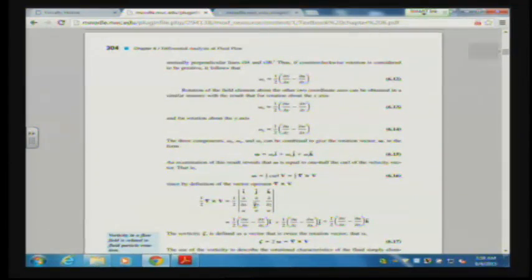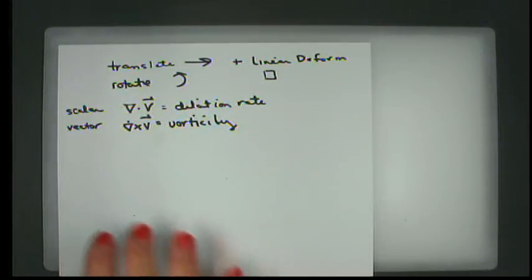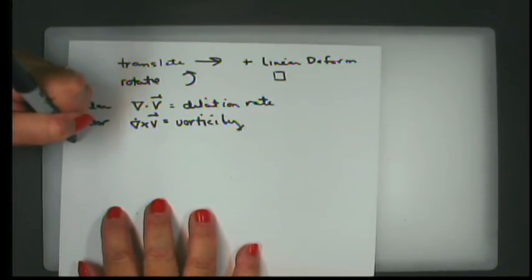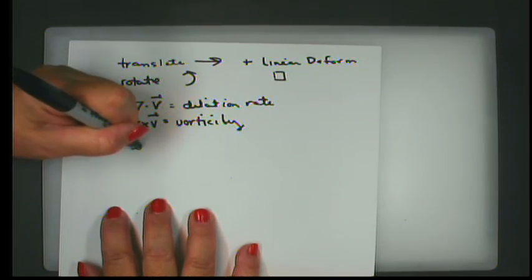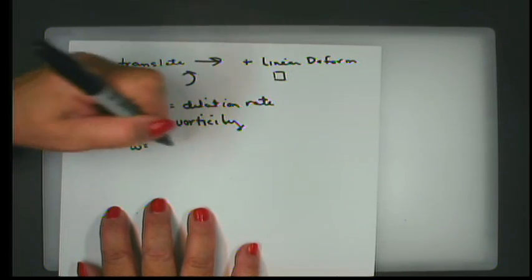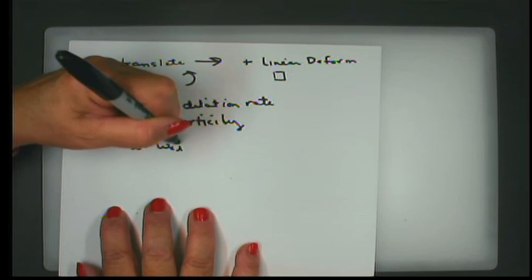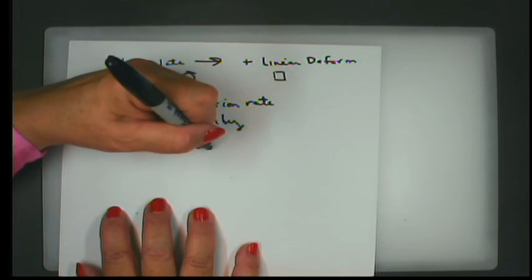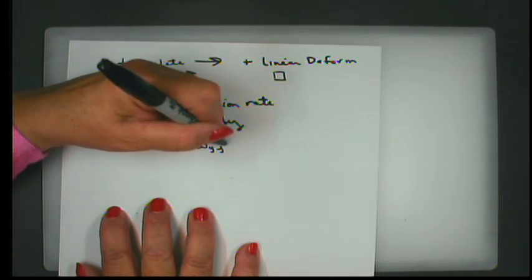So here we go, and here's a couple more definitions that we need to talk about. I'm going to put this back on the document cam. The vector omega is going to be the components of omega, and this is for three-dimensional.